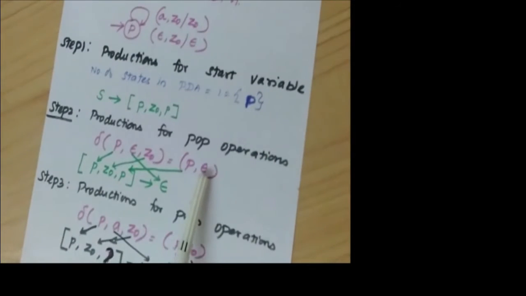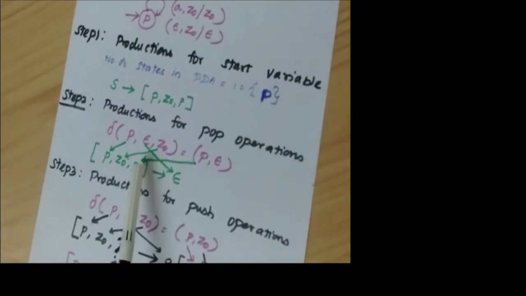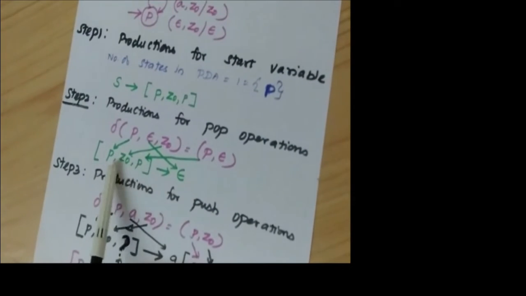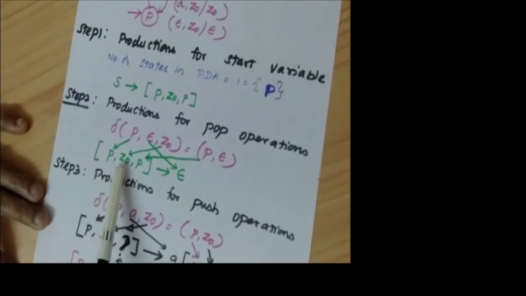So how to convert this pop operation into equivalent production is given here. During conversion we have to frame the triplets. Triplets are nothing but the variables in the final grammar. We can keep them like this, or we can rename the triplets into some variable names like A, B, C, D. That we will see at the last.